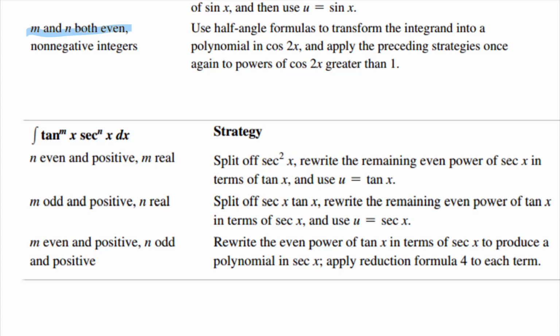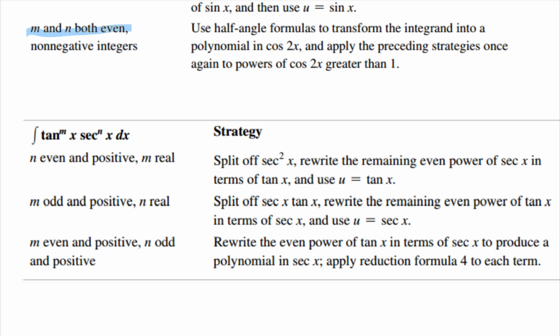Now if you have an odd power on tangent and any other power on secant, you can take off a secant tangent because that's the derivative of secant. And then if tangent's going to give you an even power and secant's going to give you an odd power, then we're going to have to use a power reduction formula, which I have not given you yet.